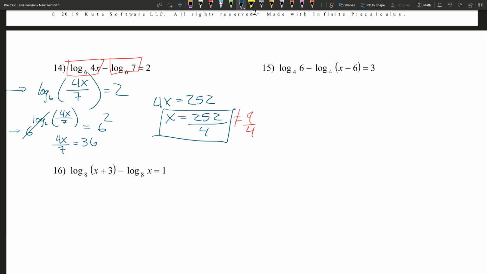So number 15, again, step one is just to condense. So we get log base 4 of 6 over x minus 6, and you get a quotient because of this subtraction sign here.